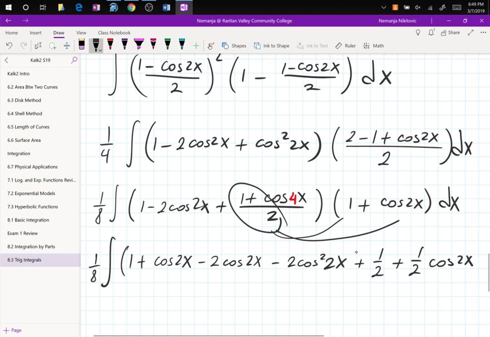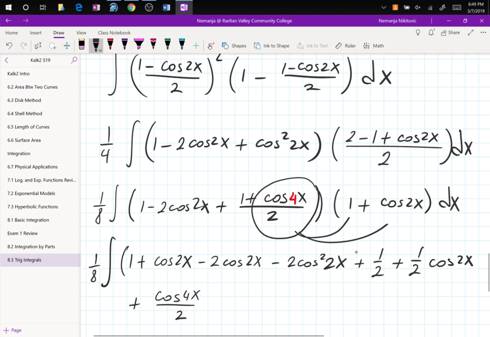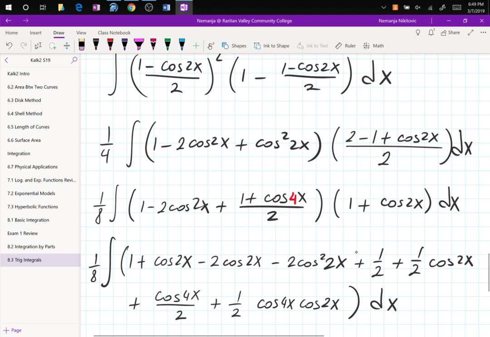And finally, the most dreaded term of this problem, this times both. So plus cosine 4x over 2. Is that someone passing out? I heard the sounds. And then we have plus 1/2 cosine 4x cosine 2x dx.